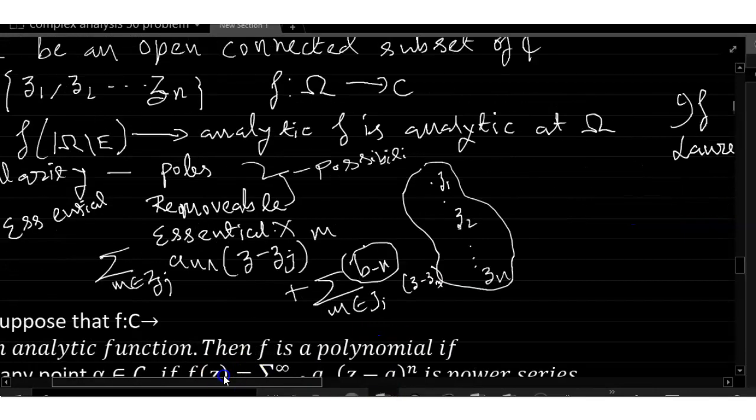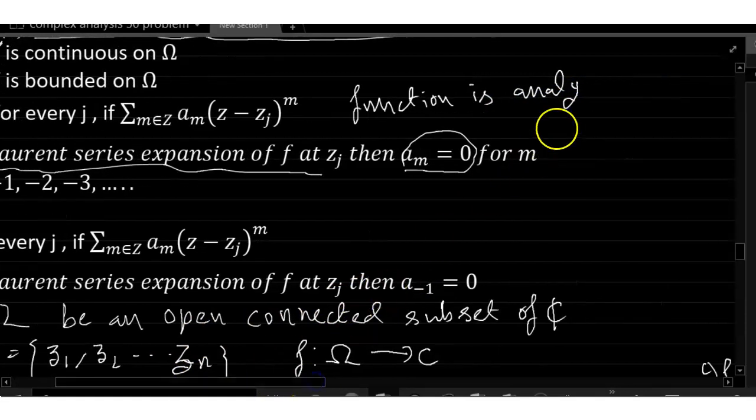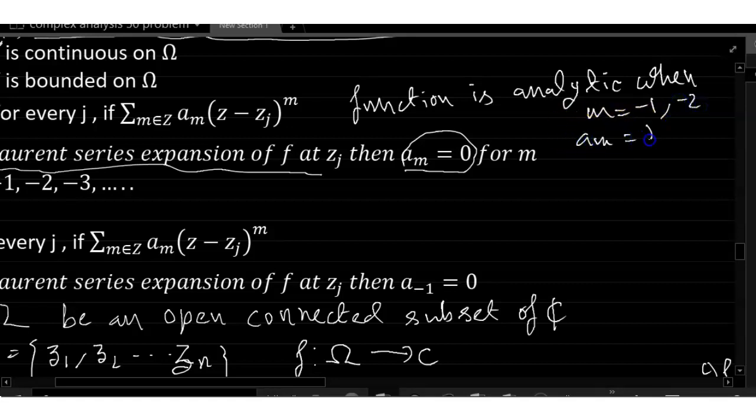So friends, here it is equal to 0. In here you see that the function is analytic when the power is, when m equals minus 1, minus 2, it is 0.